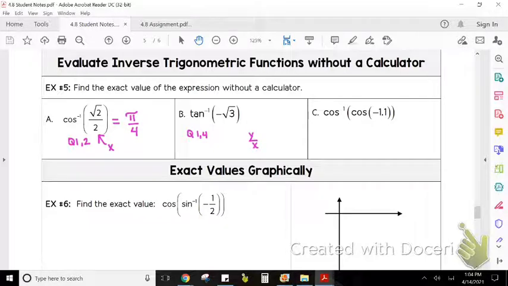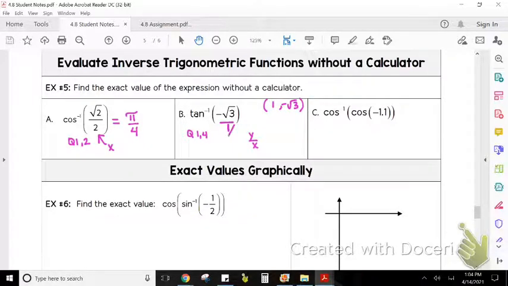So remember, the inverse tangent we have to think a little bit about. So that means that we know this is going to be over 1. Now, if we're talking about where the inverse tangent is negative, to help ourselves out, what quadrant would we be in, 1 or 4? 4. We're going to be in quadrant 4, okay? So we're looking for an ordered pair where the x is a 1 and the y is a negative square root of 3.